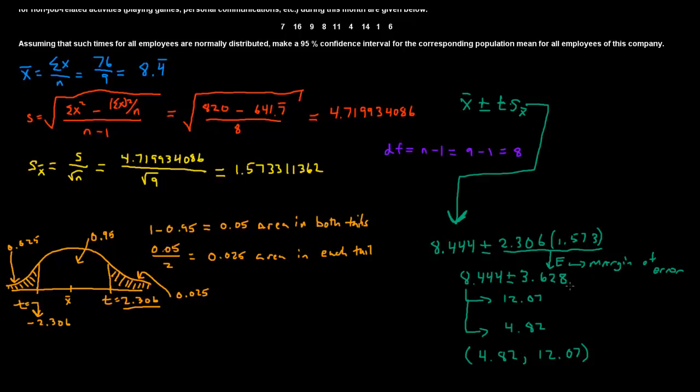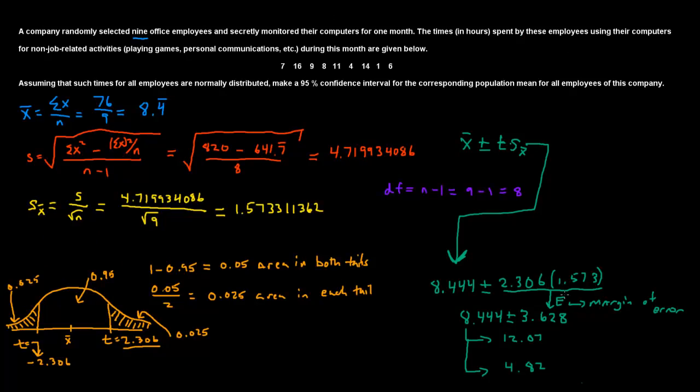The margin of error here, you see, is 3.628. Looking at this context, we're just talking about the amount of time people spend on their computers not doing what they're supposed to, so that doesn't seem so important. But in certain contexts, a margin of error of 3.628 might be very large.